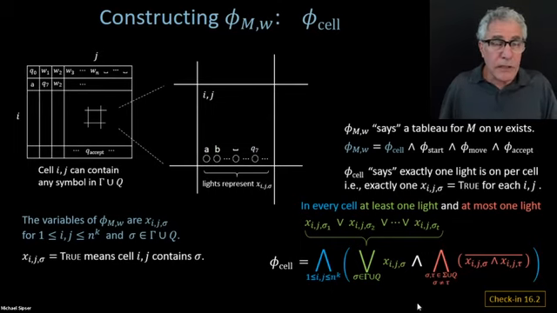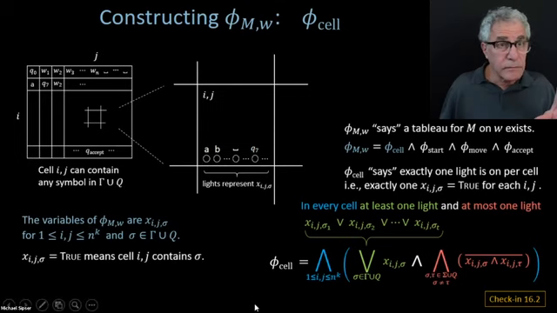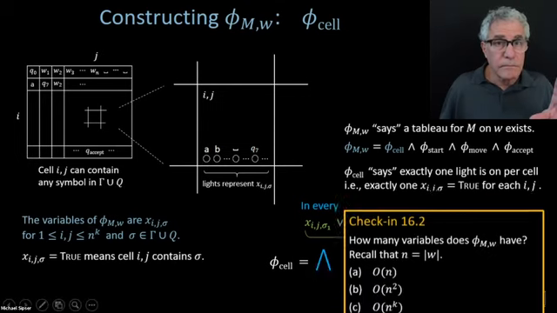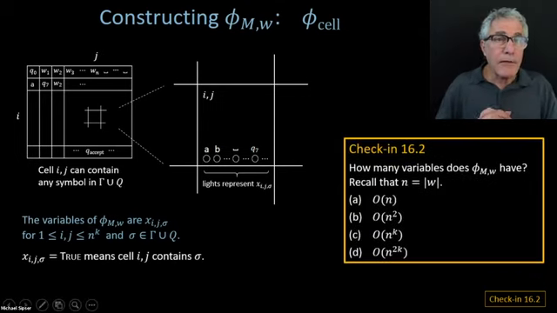Okay, here's a little check to see if you understand at some level what's going on. How many variables does this formula actually have?